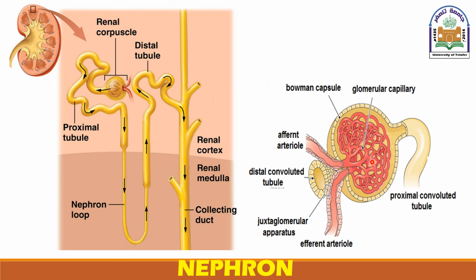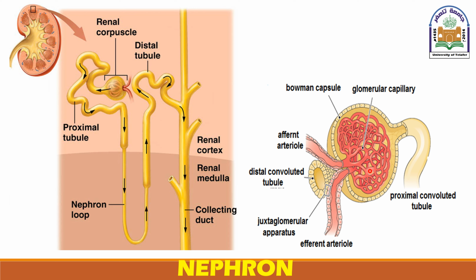The glomerular capillary is the site of filtration in the nephron, and it has a high hydrostatic pressure, about 60 millimeters of mercury in comparison to 30 millimeters of mercury in systemic capillaries. This high hydrostatic pressure in the glomerular capillary is one of the essential factors of filtration in the glomeruli, which is one of the basic steps of urine formation by the kidney.